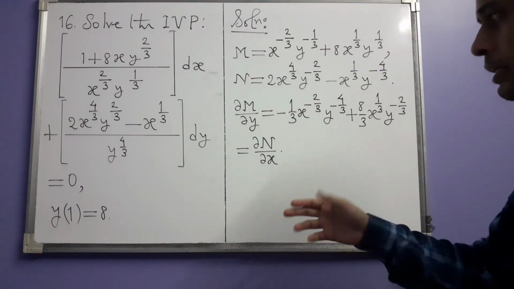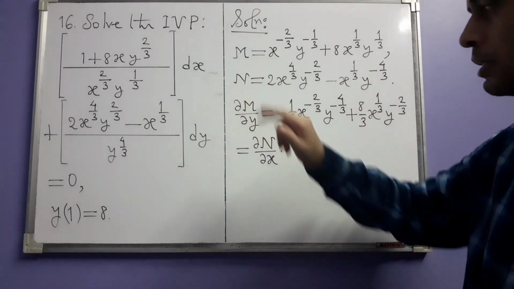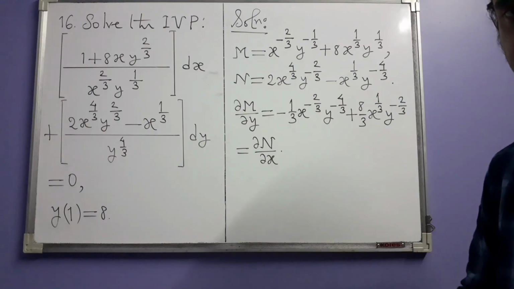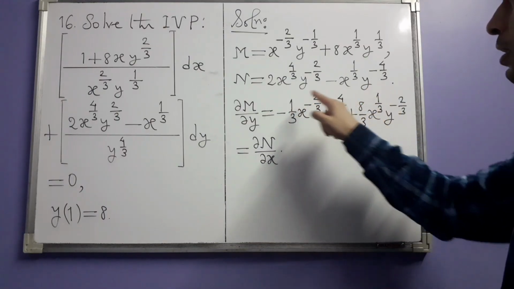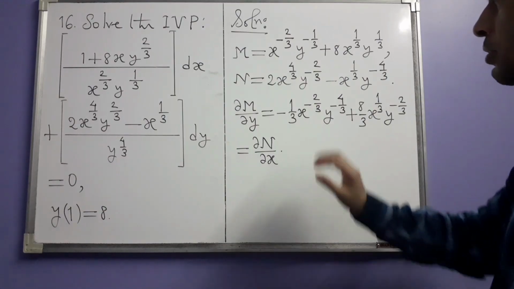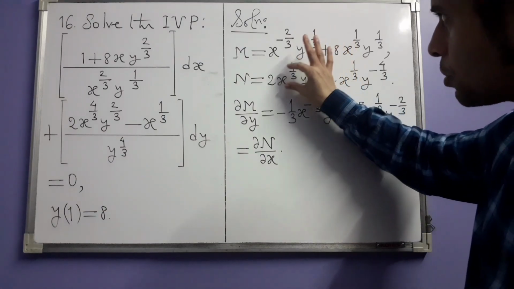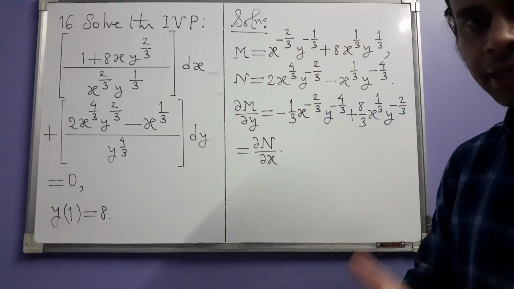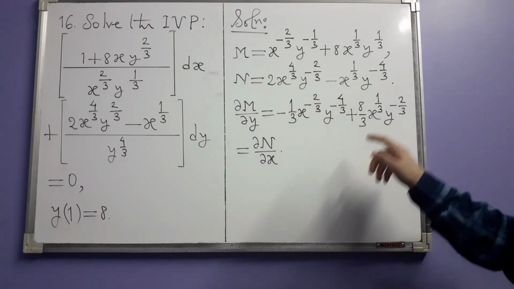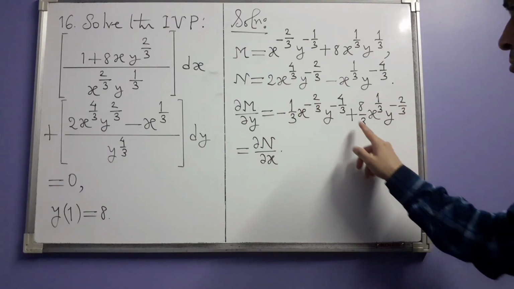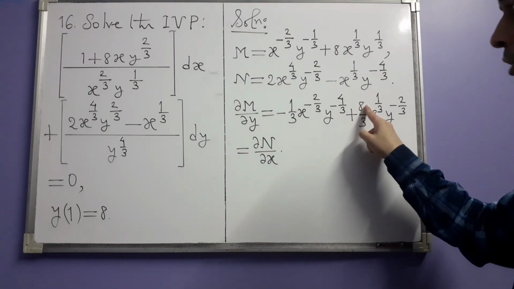But will you really get the same thing if you differentiate n partially with respect to x? Let us see that also. So if you differentiate this partially with respect to x, what are you going to get? When this 4 over 3 comes down and gets multiplied with 2, you get 8 divided by 3. So you guess that this is the term that you should get. Will you really get it?